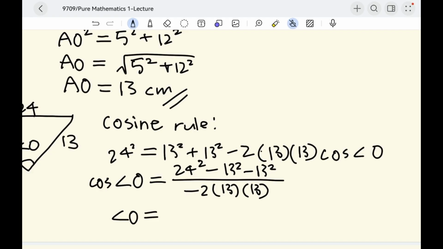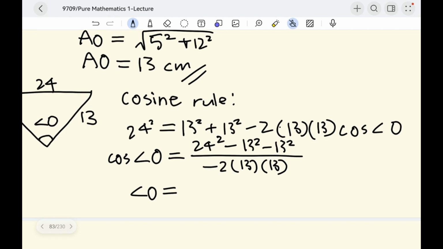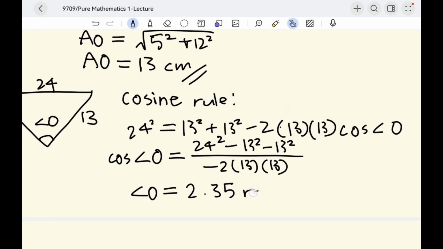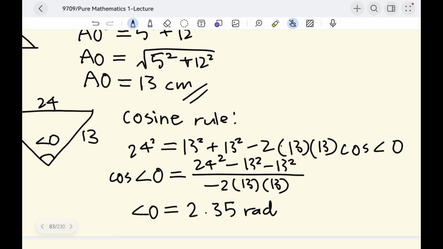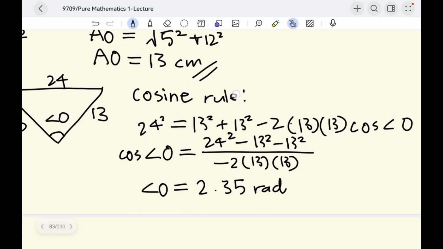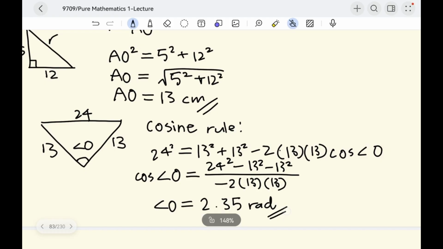What will you get? Eventually you will get 2.35 radians. Any value which is not exact, leave it in 3 decimal places. For angles, leave it in 1 decimal place. This is the standard instruction for external exams.